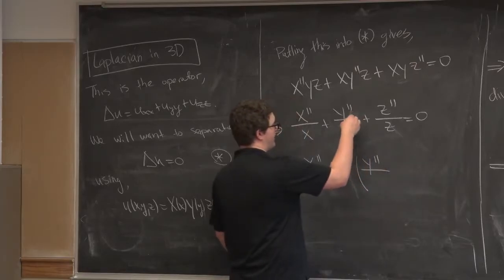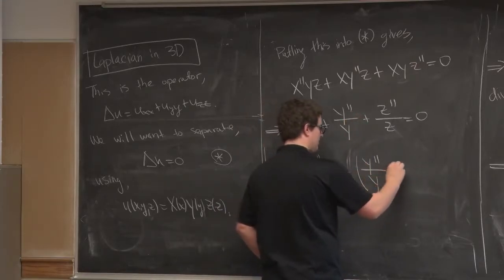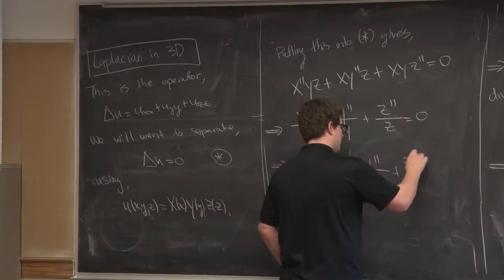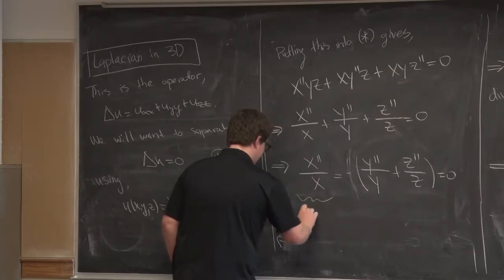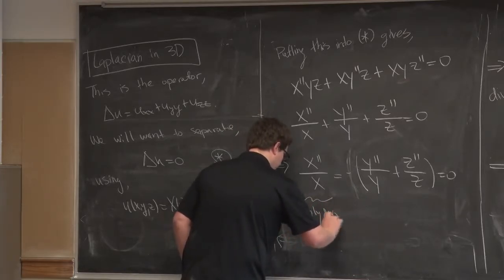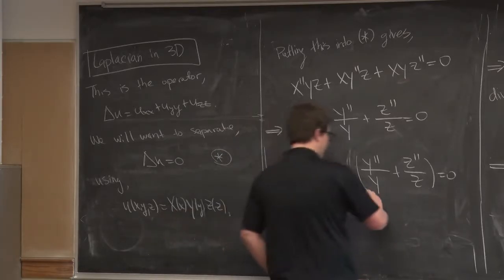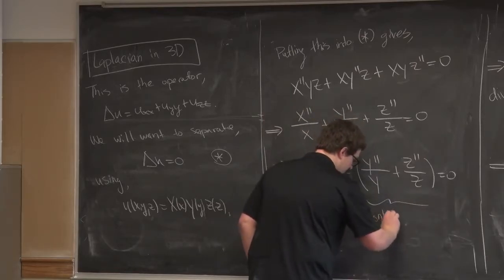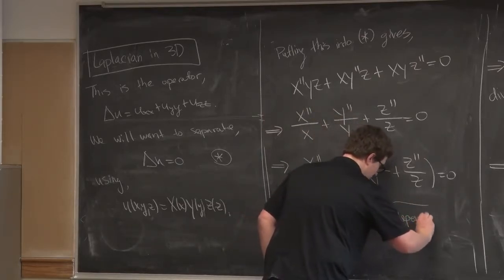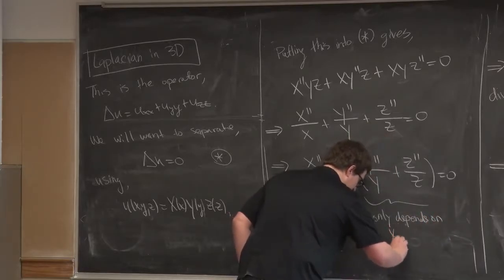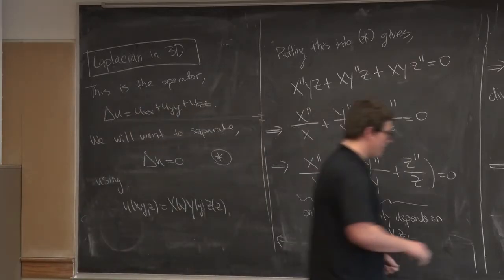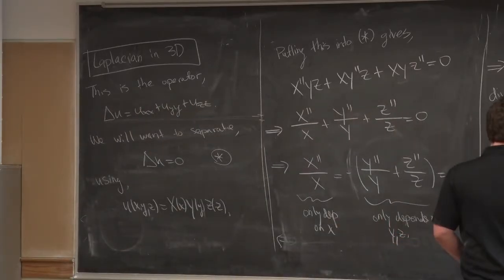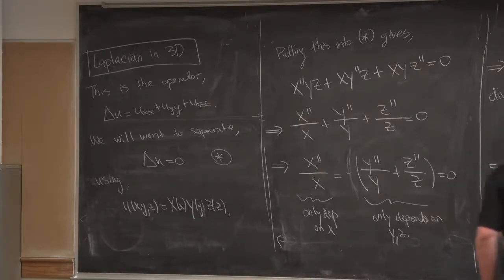So here I divided by x, y, z. Okay, so this thing only depends on x. And this thing only depends on y and z. Okay? So something that depends on x and y and z means that it must be independent of both things. So it must be equal to a constant.